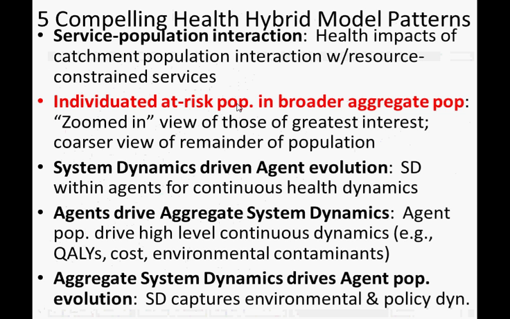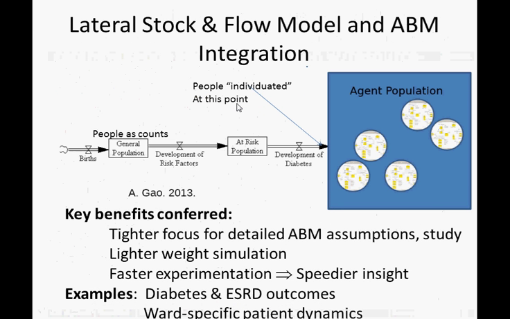Another thing would be a situation where we have a model that represents the broader population in a very aggregate way. We saw this yesterday. The broader population, and at some point, once they become a population of greatest interest, of greatest risk, where we need to represent them in more detail, they're budded off as agents.